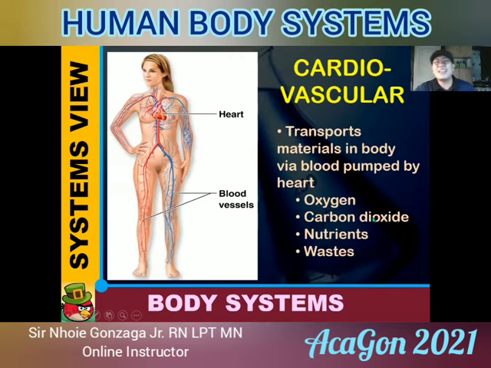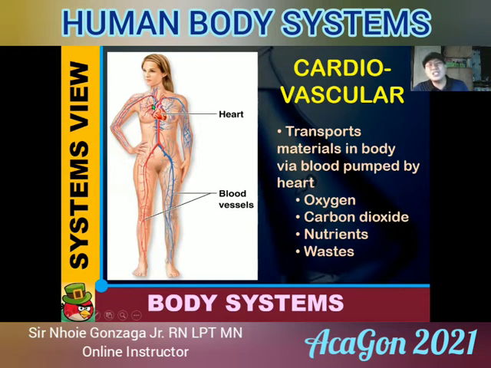Proceeding now to the next system, we have the cardiovascular system. Now the word cardio means heart and vascular means vessels. That is why the cardiovascular system studies the heart and the blood that goes into the vessels circulating in our body.